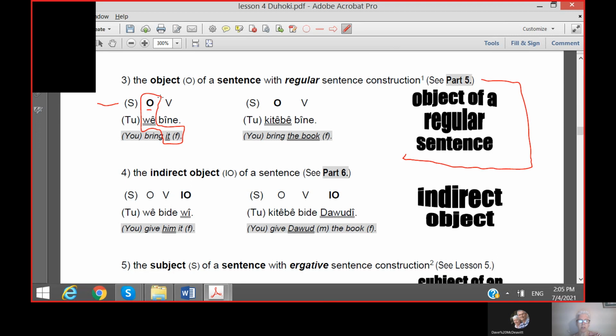English, of course, is subject-verb-object, so the order is a little bit different. The object is it, and it happens to be feminine. So we say weigh for a feminine object, weigh-bina. And then you could spell it out. Your object could be book, and book is feminine, so you put the feminine oblique case ending on book, which is the E with a hat. Kitebe bina.